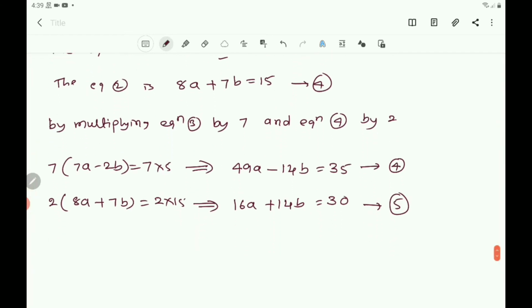Now verify the sign of the coefficients here. Here it is minus and here it is plus. As they have different signs, add them.